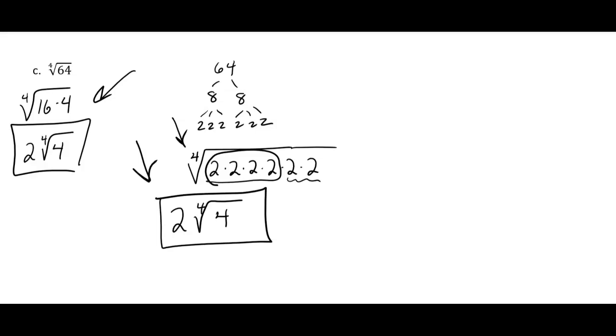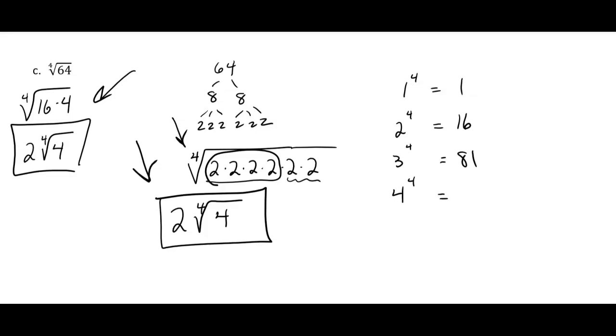I think I've given you lists of perfect squares and perfect cubes. I don't think I have for perfect fourths. So 1 to the 4th power is 1. 2 to the 4th power is 16. 3 to the 4th power is 81. 4 to the 4th power, I want to say it's 256. I'm not going to know very many of these.